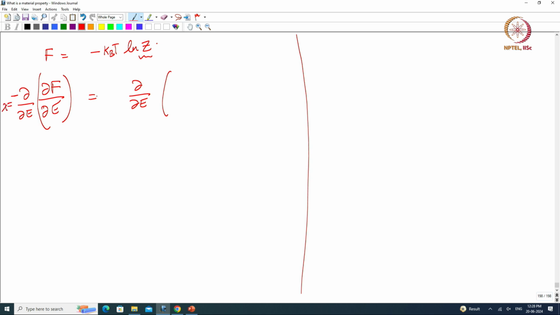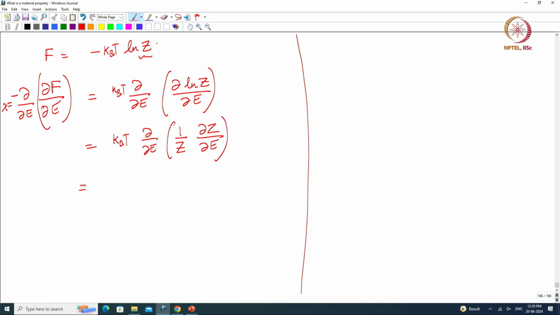So minus kBT will just come out, dou by dou E dou ln z by dou E, and so that will be kBT dou by dou E of 1 by z dou z by dou E. Let us just write it in terms of z for the time being. So that is kBT.